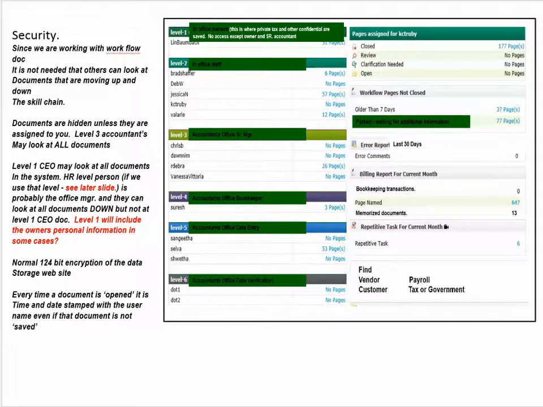Now, the reason we're doing this is so that they can see how many people you've got on this account. We want to make this look like a big deal to them, and it is. And they want to know that you've got a deep team working all the time.